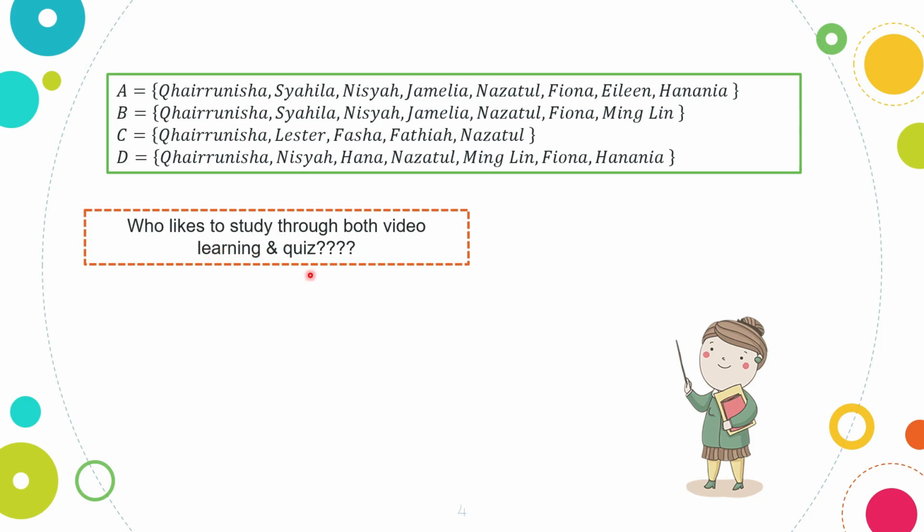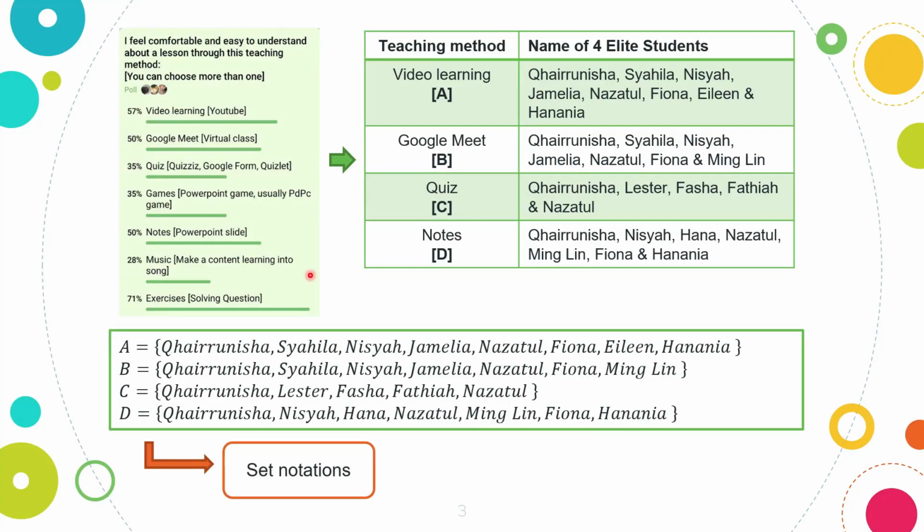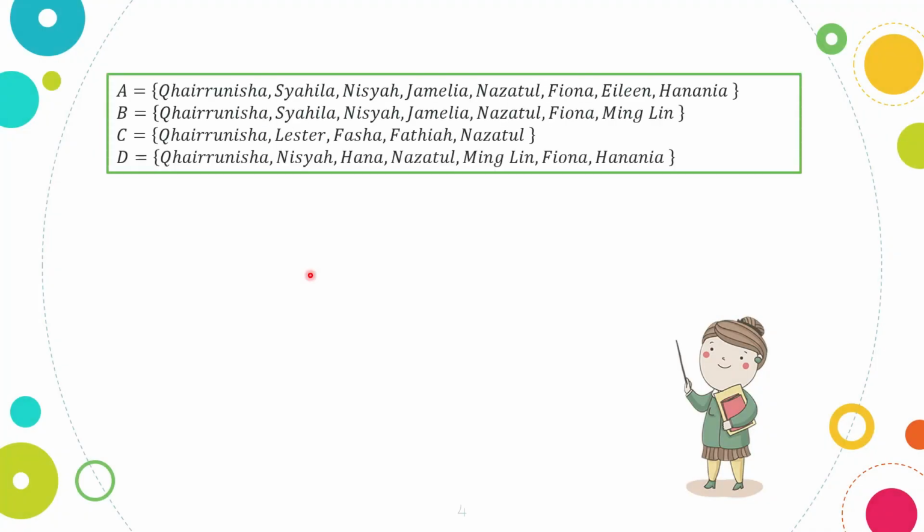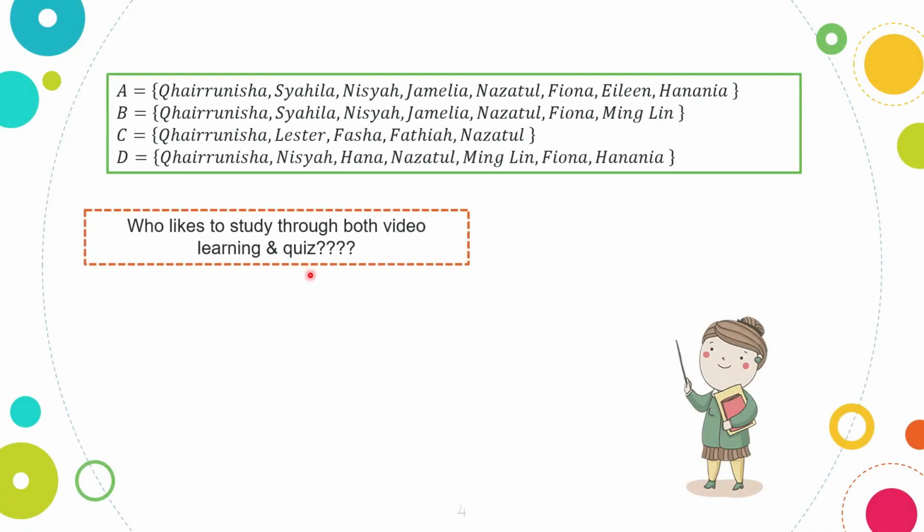Video learning is set A, meanwhile quiz is set C. From both of these sets, who likes to study through both video learning and quiz? We must find the common elements between these two sets, set A and set C.